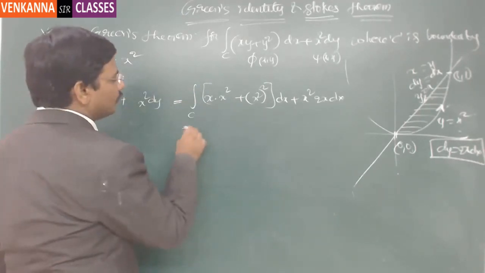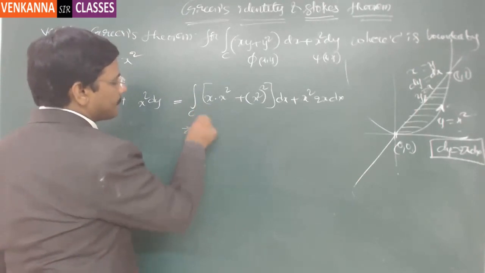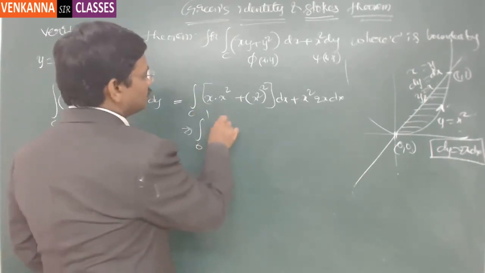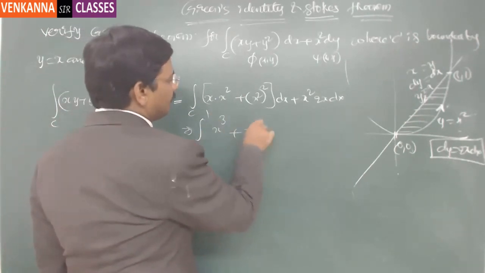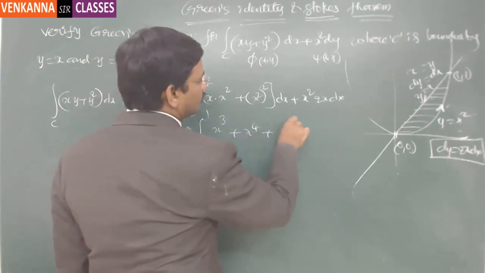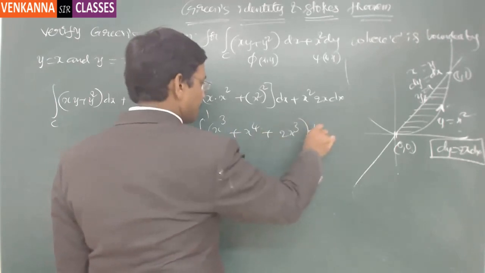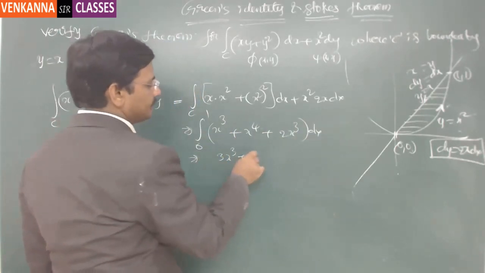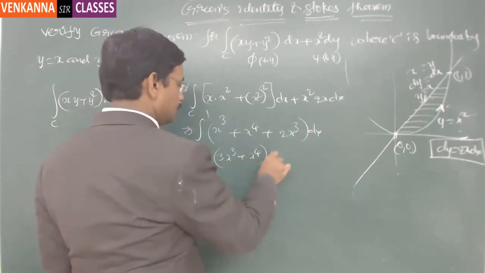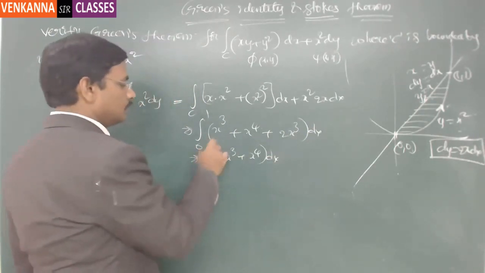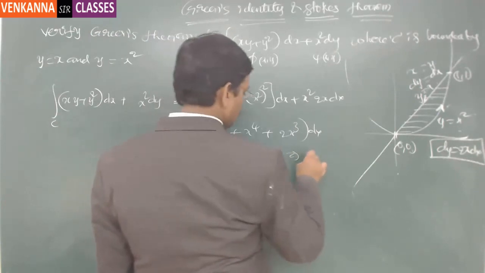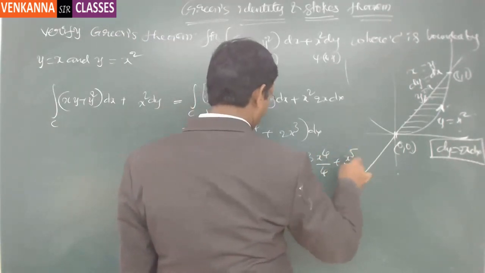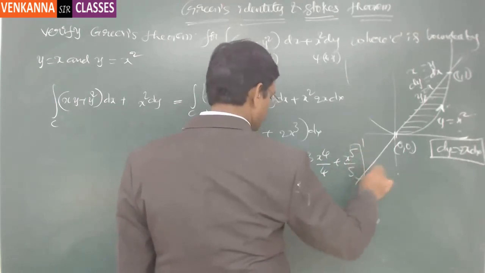So this value is going to be the integral from 0 to 1 of x cube plus x power 4 plus 2x cube dx. So this is 3x cube plus x power 4 dx, with limits 0 to 1. So this is 3x power 4 by 4 plus x power 5 by 5, from 1 to 0.